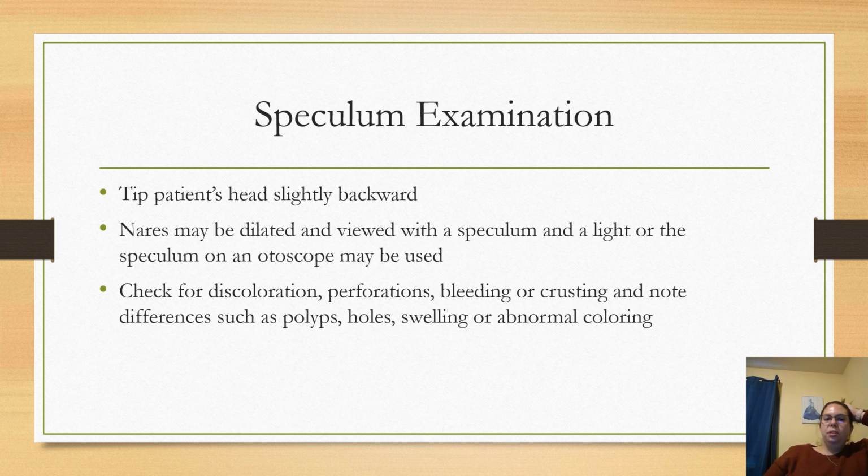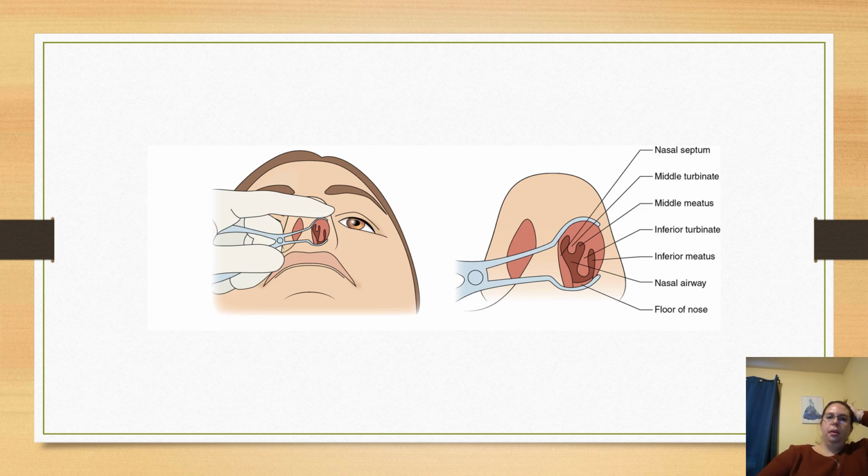Sometimes you can see discoloration, sometimes even perforations in the septum, bleeding or crusting, and often you can see that the turbinates are swollen as well. And this is the dilator, which I think looks awful. If we were really needing to do that, it would probably be at an ENT office.